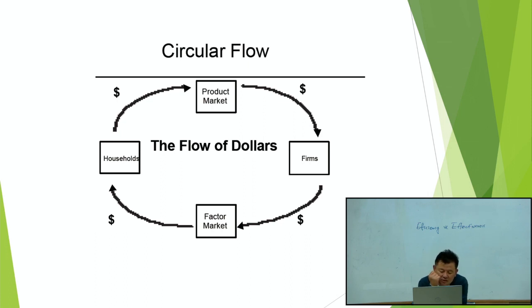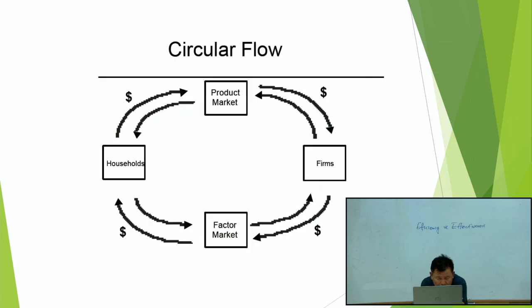The product market also gives money to firms. Firms also give money to the factor market. The factor market also gives money to households, in return for labor. So we combine the two circular flows. The product flows this way, but the dollars circulate on the opposite side. This is the circular flow of products and dollars.